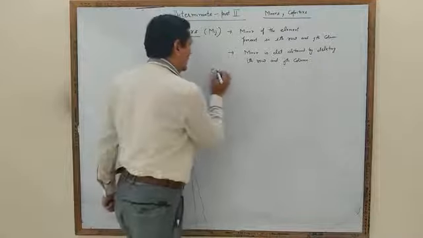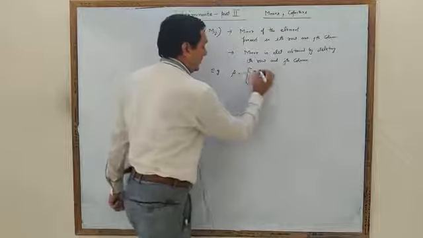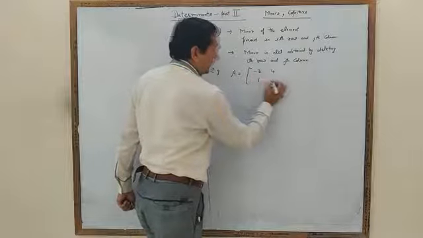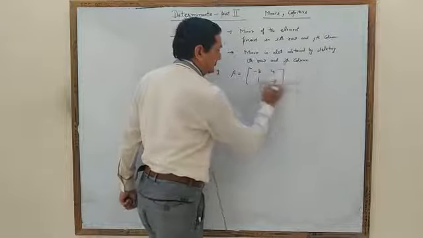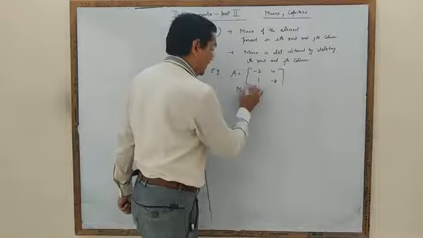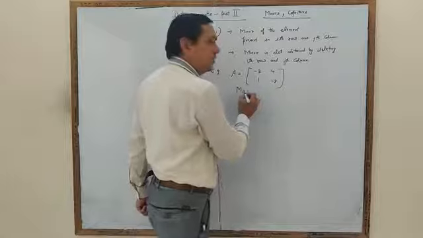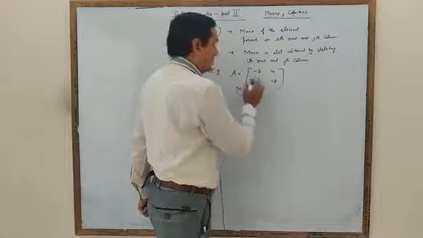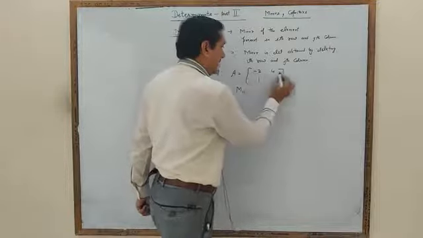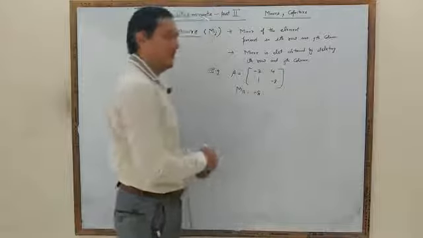For example, let us consider a matrix A: -2, 4, 1, -8. Now M11 is the determinant of a submatrix obtained by deleting first row and first column, which is just -8.